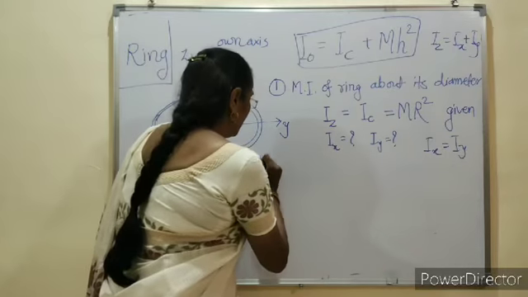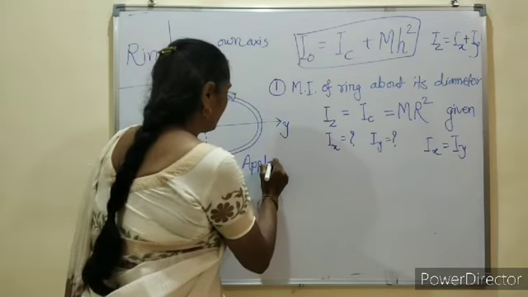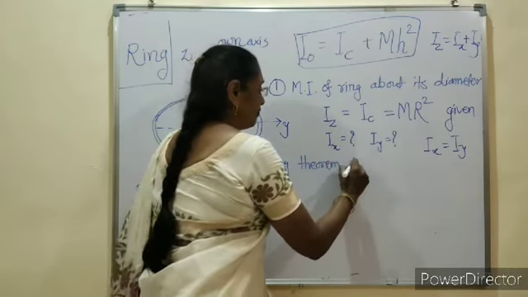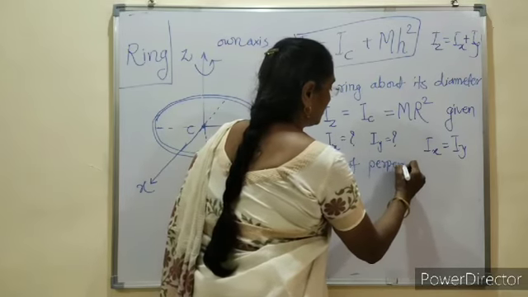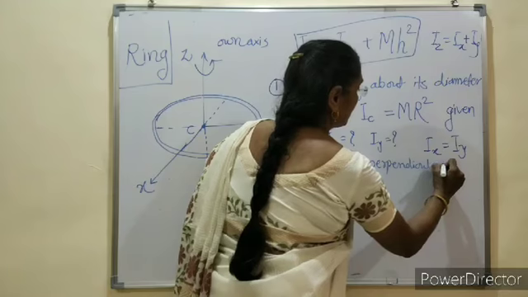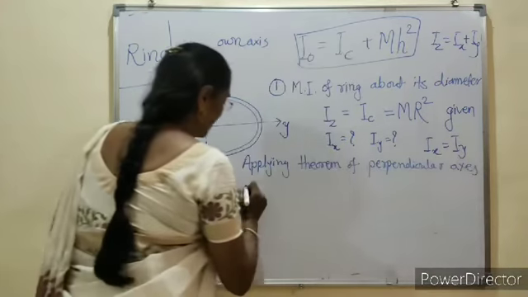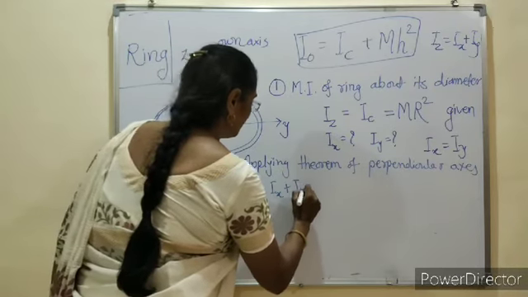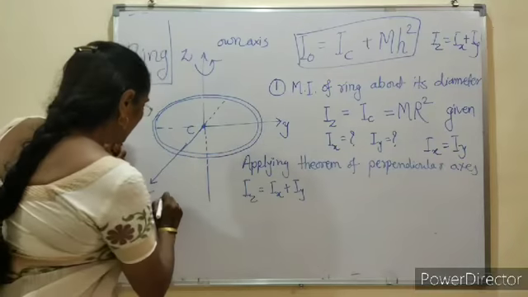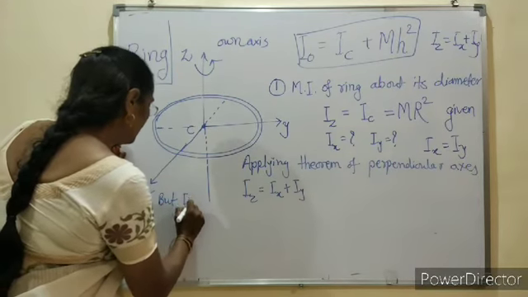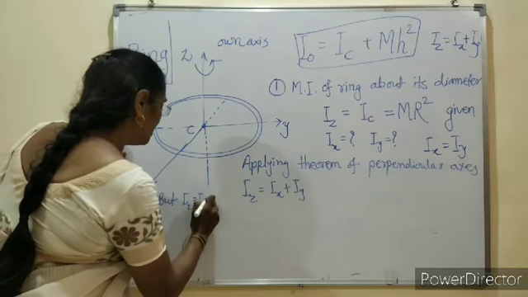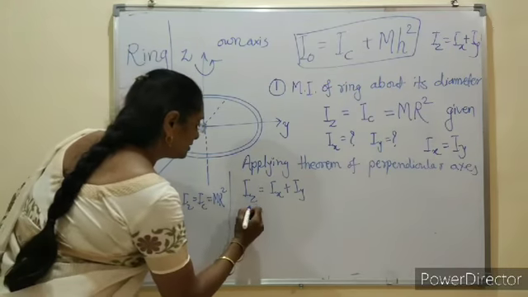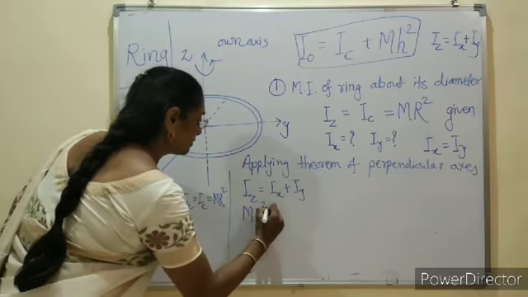Now here we write, applying the theorem of perpendicular axis, Iz is equal to Ix plus Iy. But here Iz can be taken as Ic, which is equal to mr square.